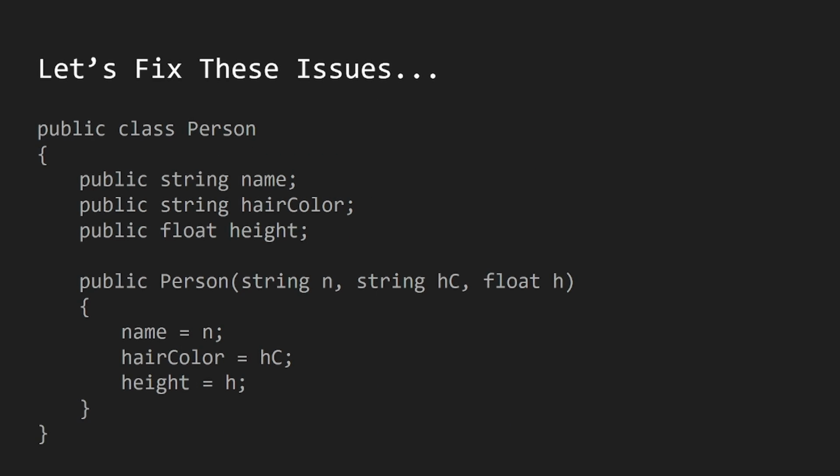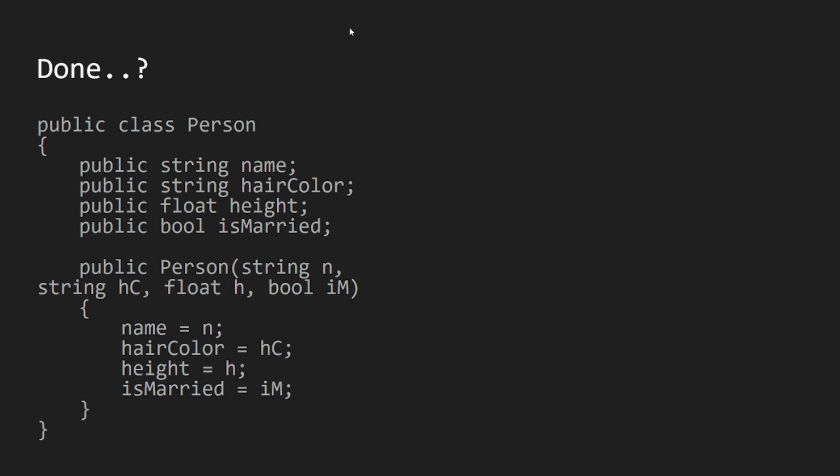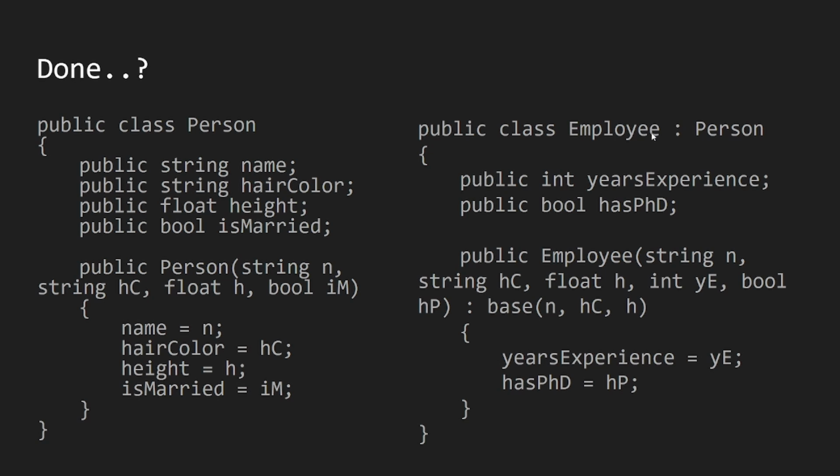So how about, okay, let's put is married. So maybe we're done after we add is married, but oh yeah, the woman has a job, so maybe we'll make her an employee. We can have the employee extending class, and that will fix that. Oh, and this code even forgets to take whether they're married or not.